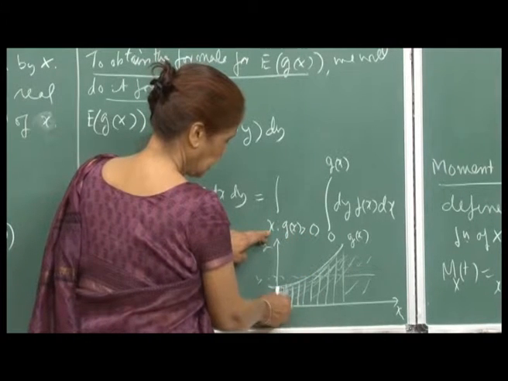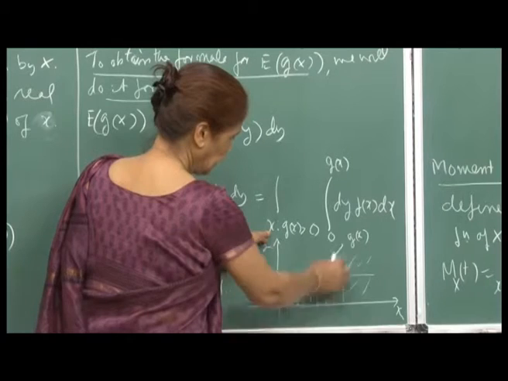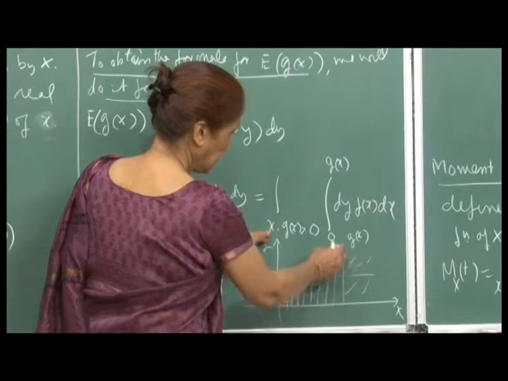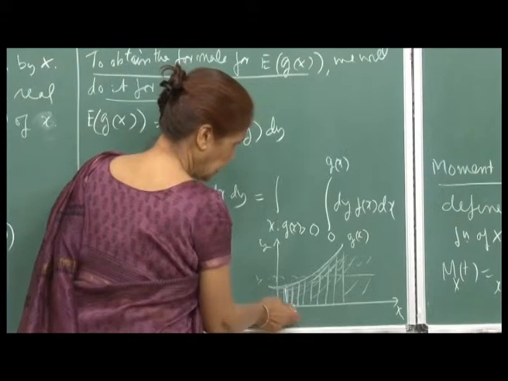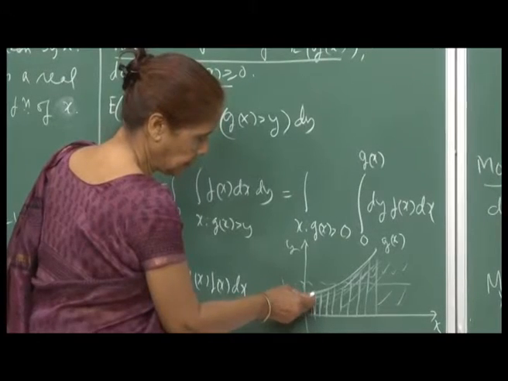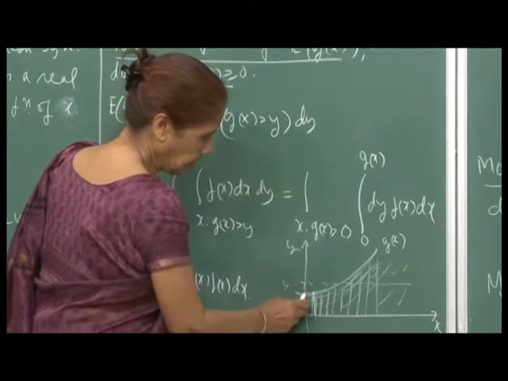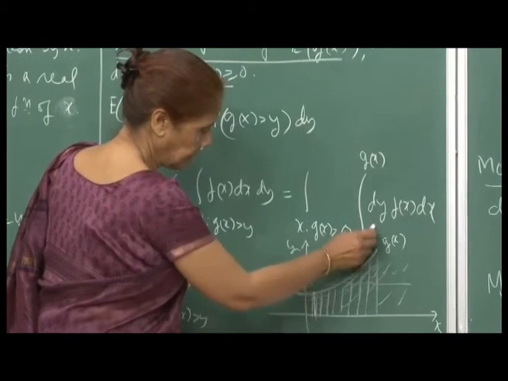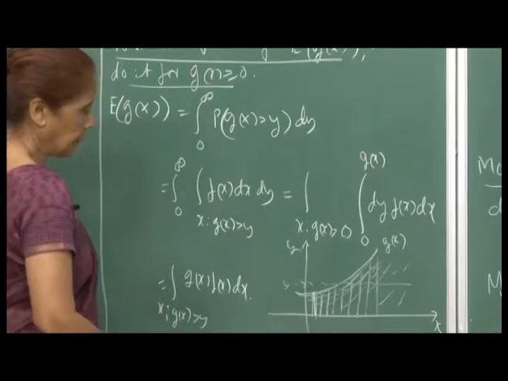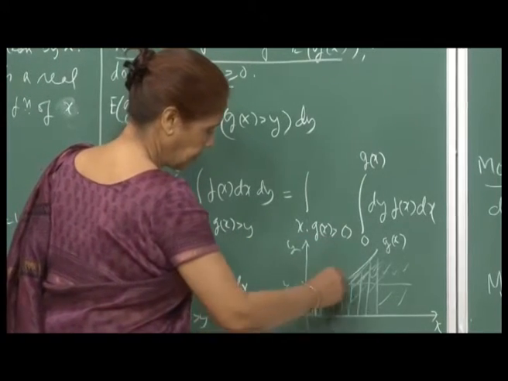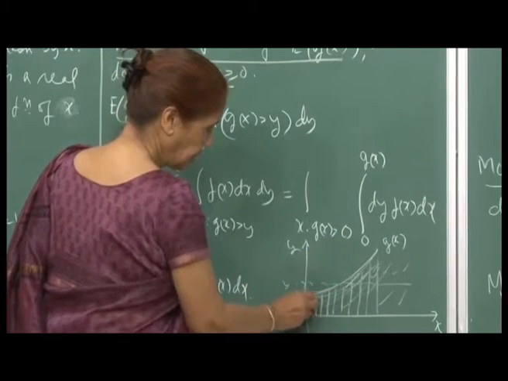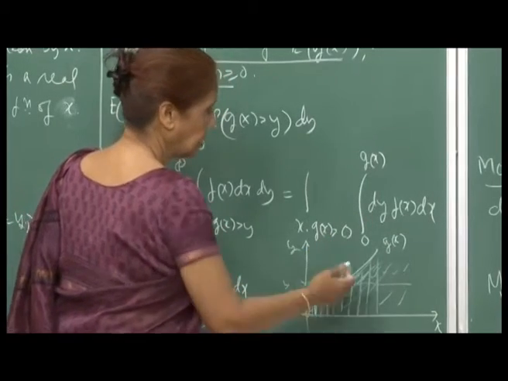So, here g(x) greater than 0, then I am integrating in this way, and this is 0 to g(x). So, the integration with respect to y is from 0 to g(x), and then x is going over the region where g(x) is greater than 0. Okay. When g(x) is greater than 0, I have drawn it this way, it could be whatever it is. You may start from here, or your function may be like this, it does not matter.